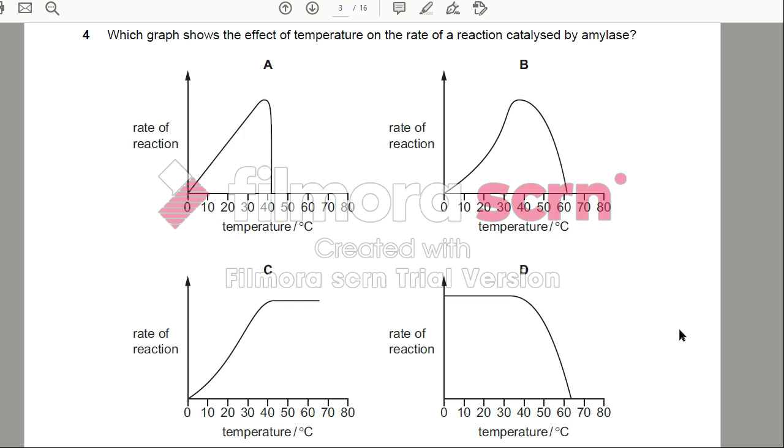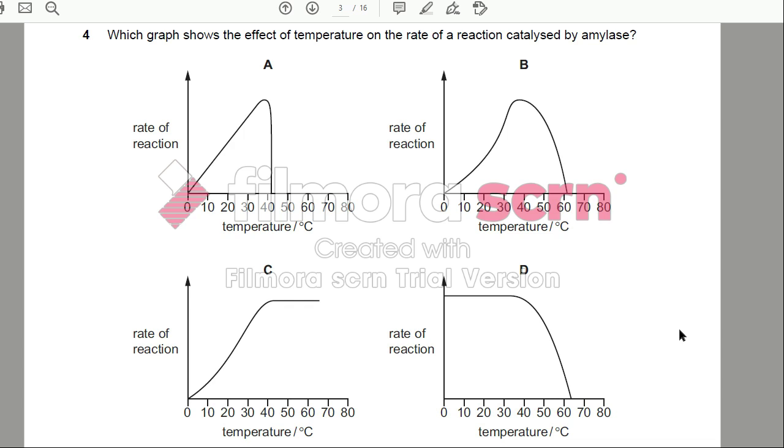In option B, it seems correct because according to the definition, for the effect of temperature on the rate of reaction of enzymes, a rise of every 10 degrees will double the rate of reaction till the optimum temperature. So in graph B, between 37 to 40 is the optimum temperature and the rate of reaction is highest.